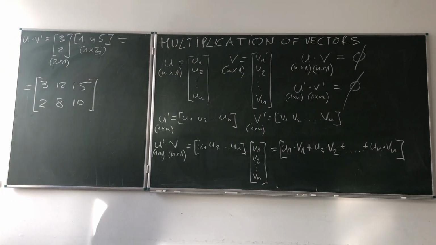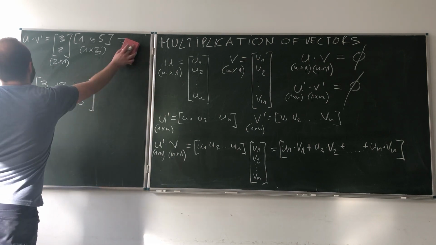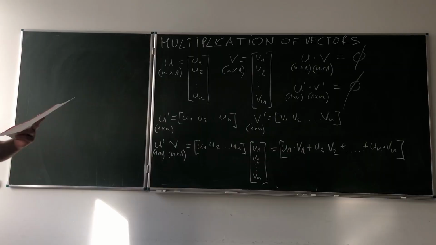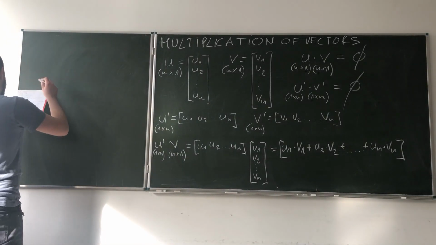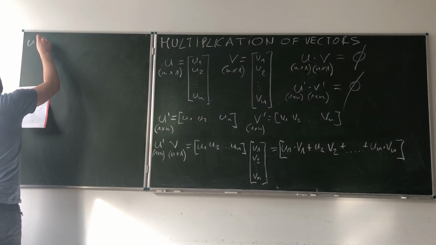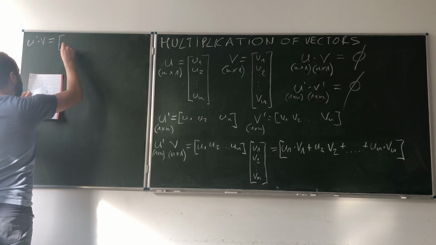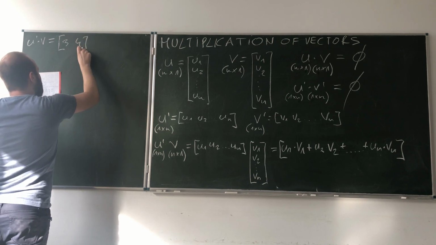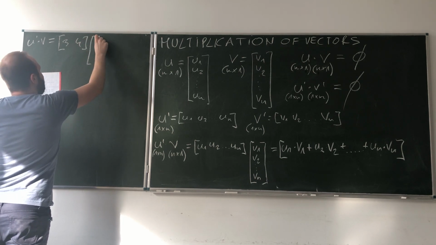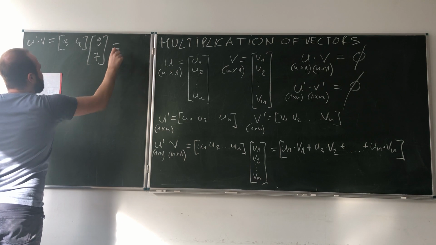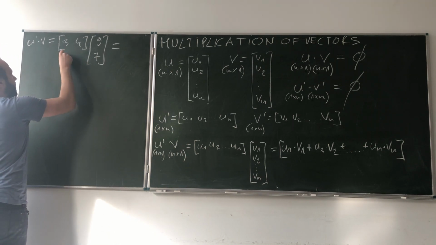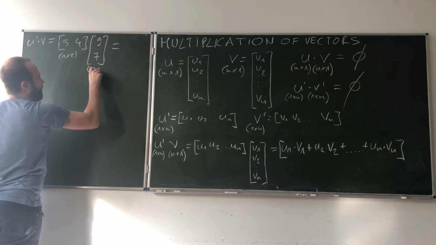So let's just do one example on this, and we'll see what we are getting. Okay, so we've got vector u prime times vector v. Vector u is 3, 4, while vector v is 9, 7. Okay, we clearly see that this one is 1 by 2, this is 2 by 1.